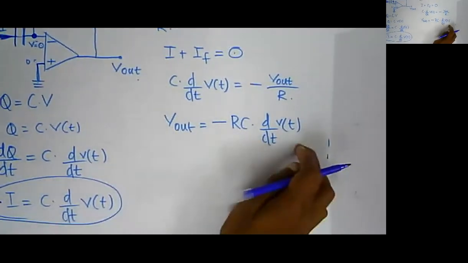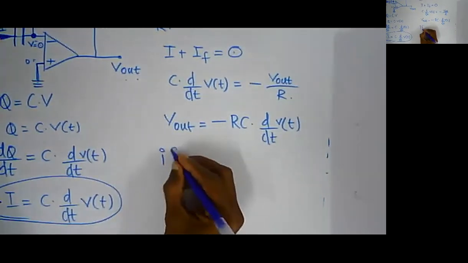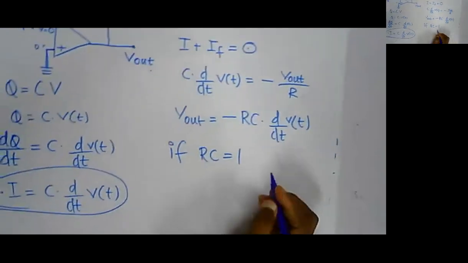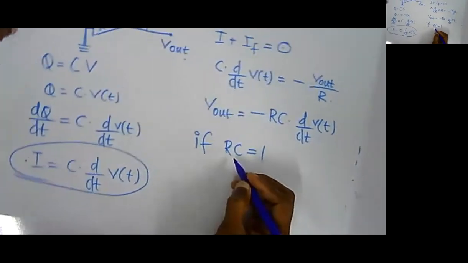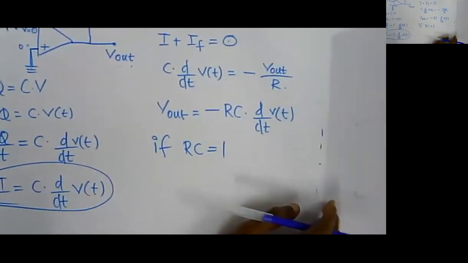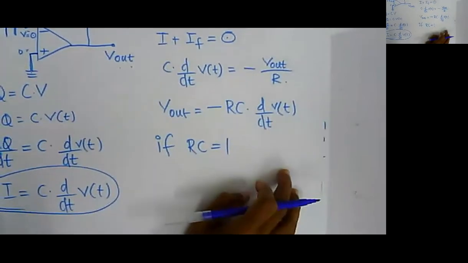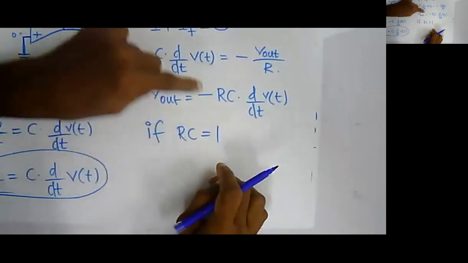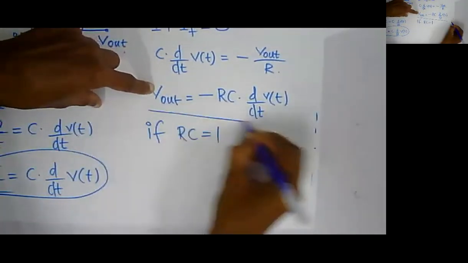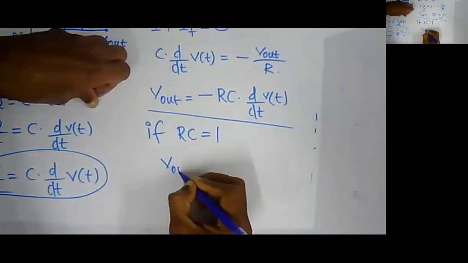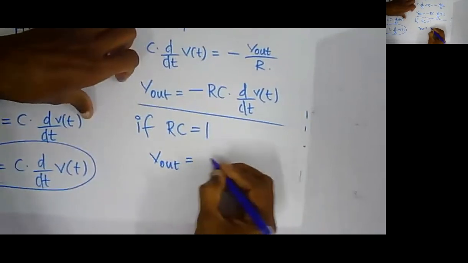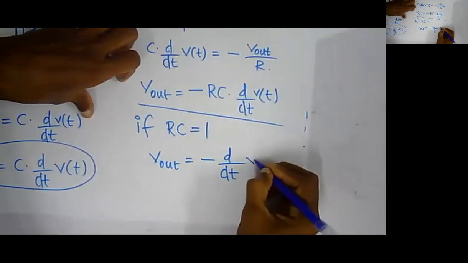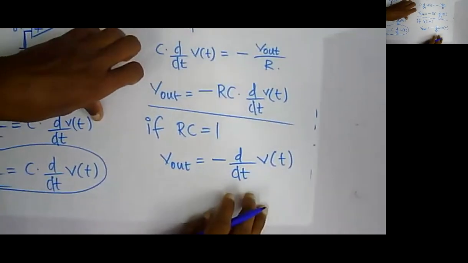At this point, if RC equals 1, for example R is 1 kilo ohm and C is 1 millifarad, then R into C is equal to 1. If RC equals 1, I can rewrite this equation as V out equals minus d/dt of V of t.